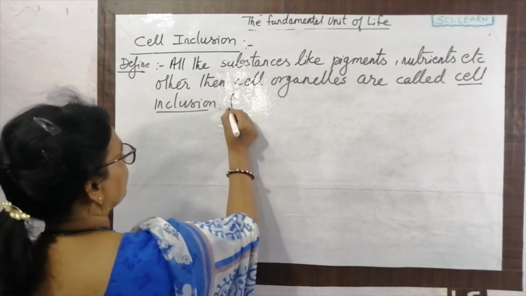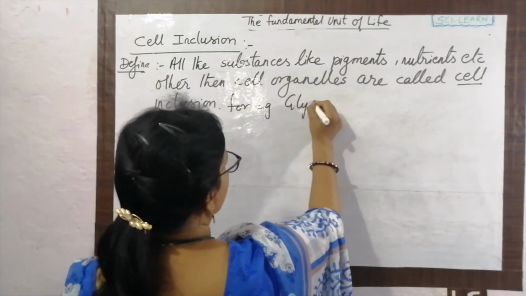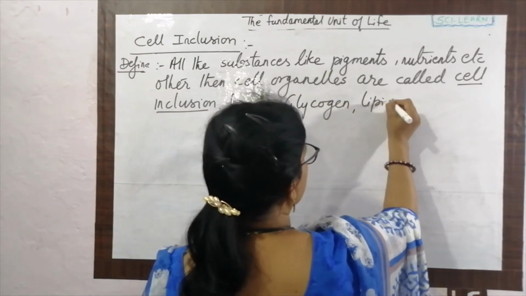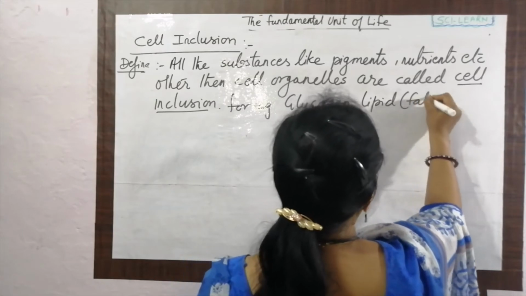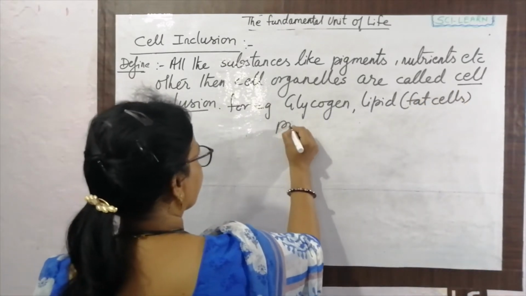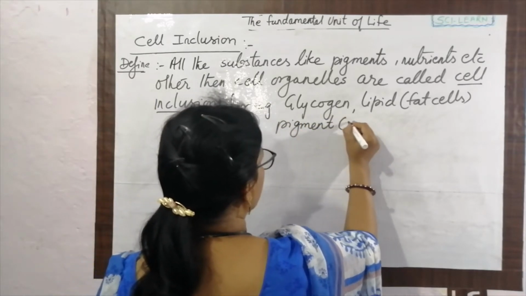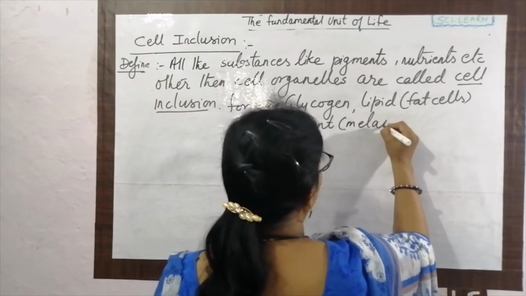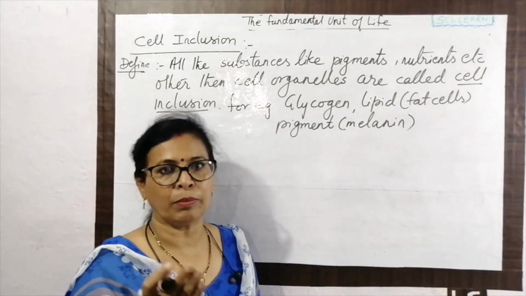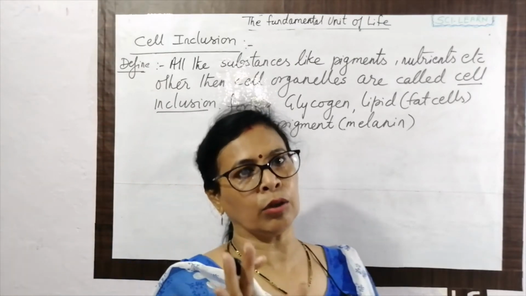For example, glycogen, lipids, which are the fat cells, and pigments. The pigment responsible for the color of human skin is called melanin. So melanin is a pigment that is included in the cell inclusion.